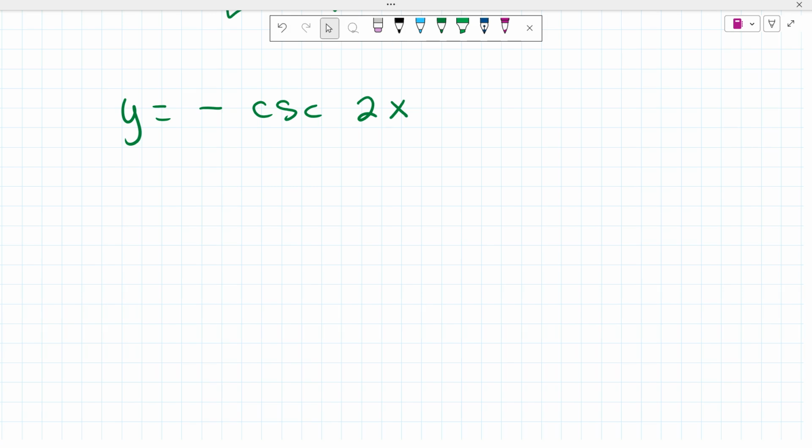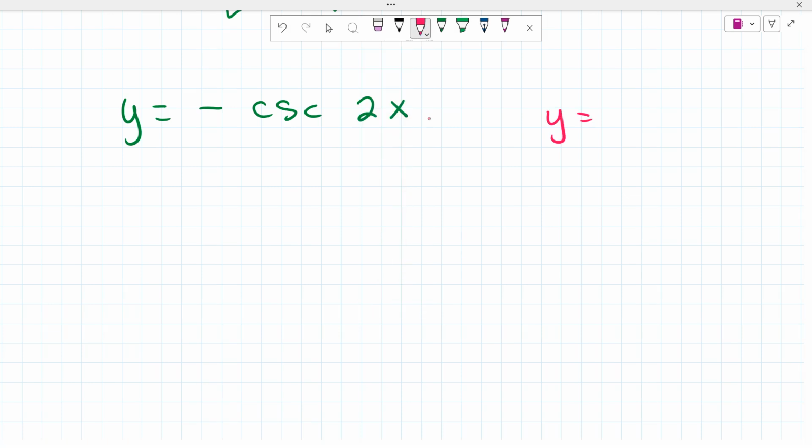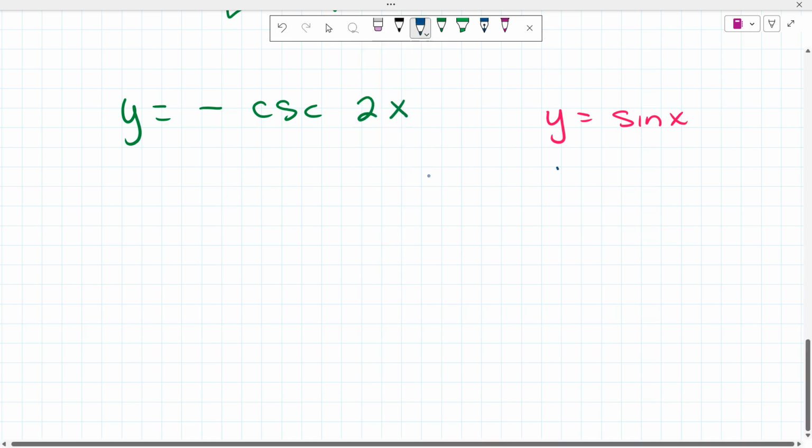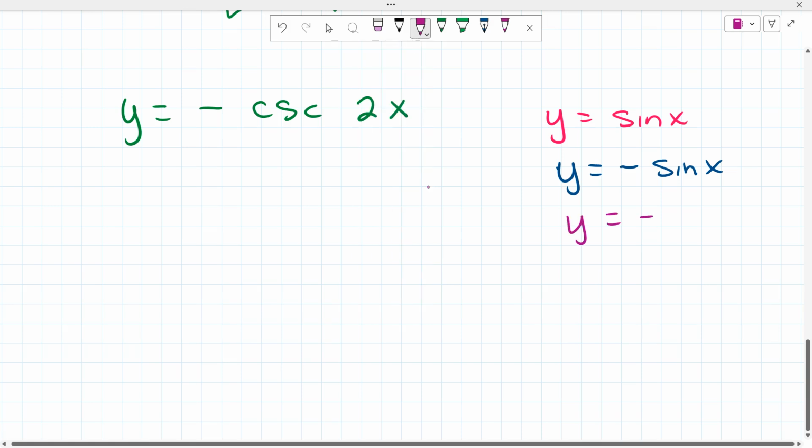Okay, so what I'll graph first is y equals sine of x. Then I'll graph y equals negative sine of x. Then I'll graph y equals negative sine of 2x.